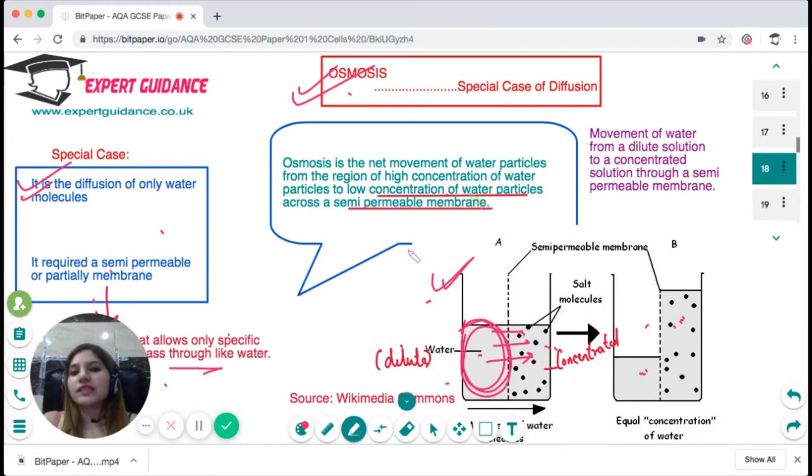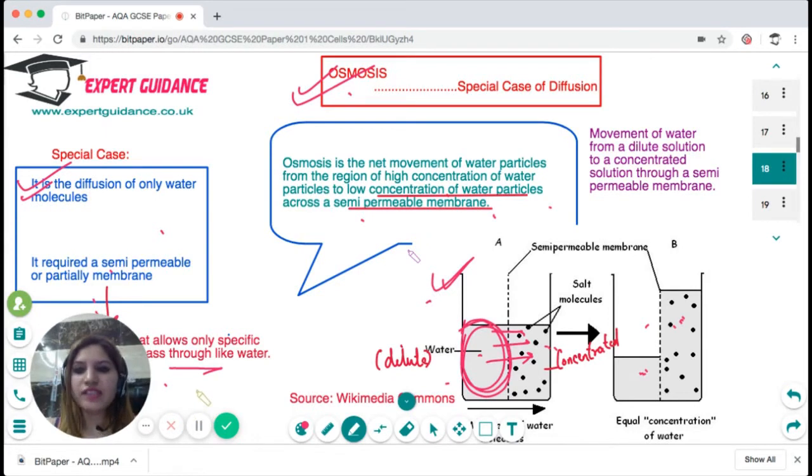So osmosis is the net movement of water particles from a region of high concentration of water particles to a region of low concentration of water particles across a semi-permeable membrane. Or you can say it's the movement of water from a dilute solution to a concentrated solution through a semi-permeable membrane.